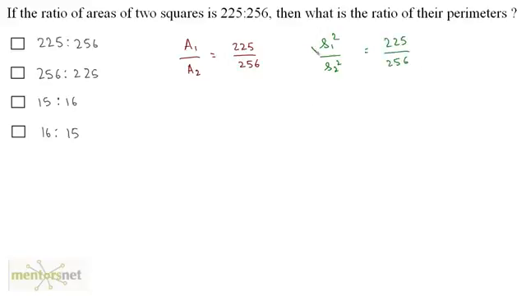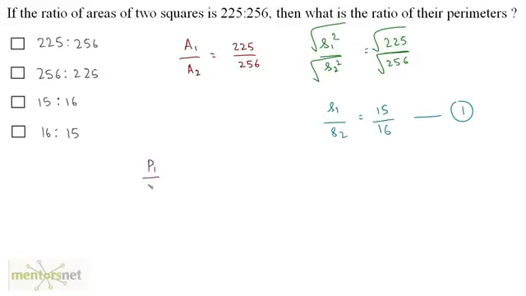Taking under root on both the sides, I get this. Under root of S1 square is S1, under root of S2 square is S2. So S1 by S2 is equal to root 225, that's 15, upon root 256, that's 16. This is one thing we have found out. Now we have been asked what is the ratio of their perimeters.